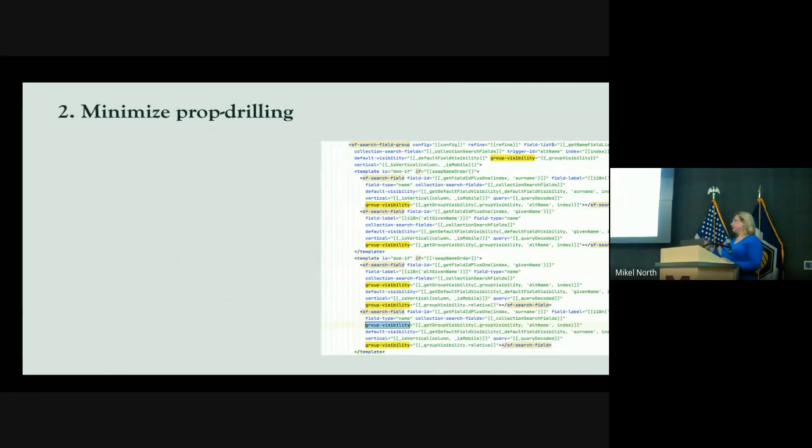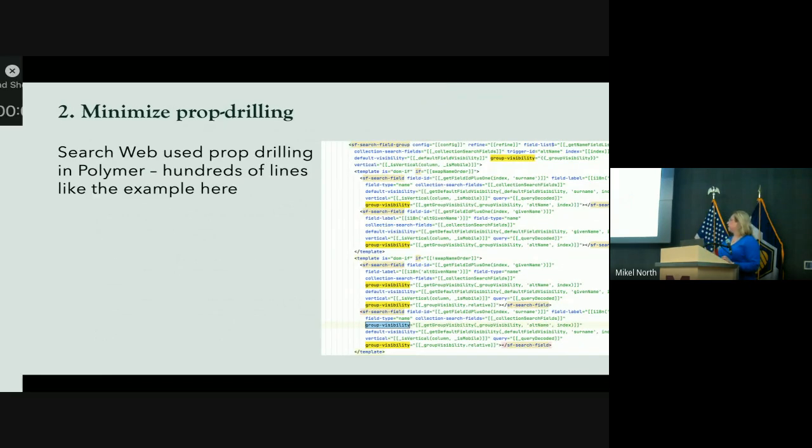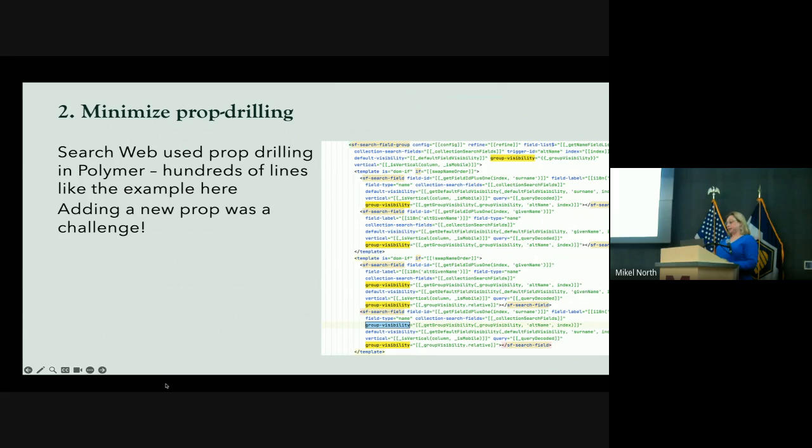Prop drilling. This is an example from my Polymer days of prop drilling. This is just one section of hundreds and hundreds of lines that look like this. We were passing prop to prop to prop to prop, and they're all slightly different. They all had to be perfect. If we missed one from one component to the next, there were like 5 levels and we were in trouble. So it was a mess. And so I hate prop drilling.